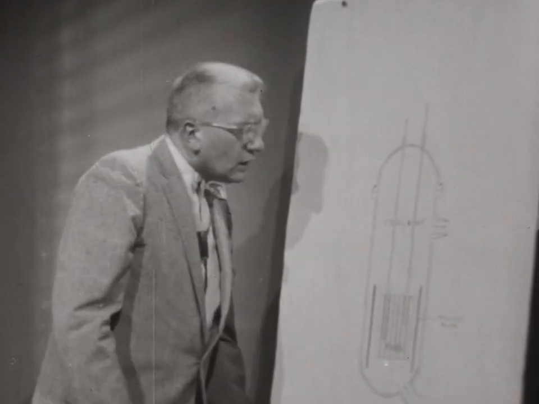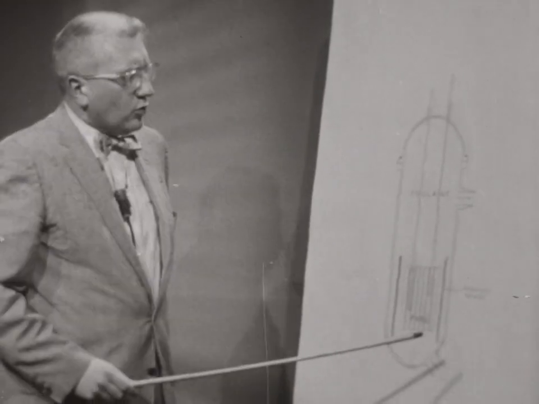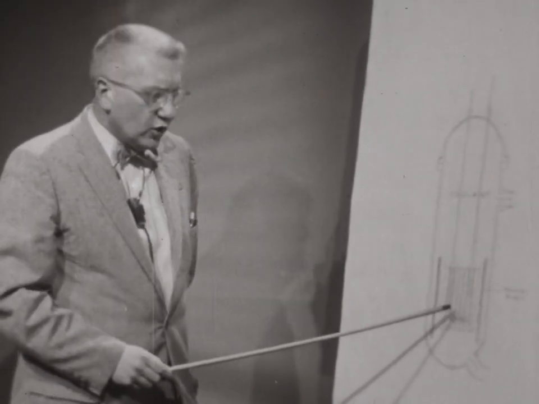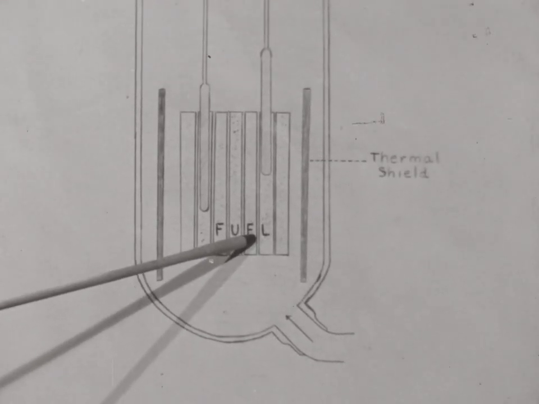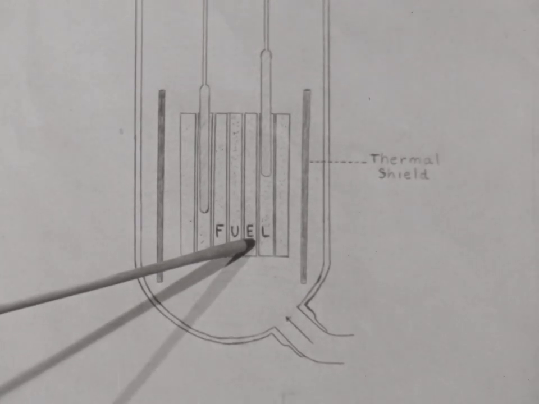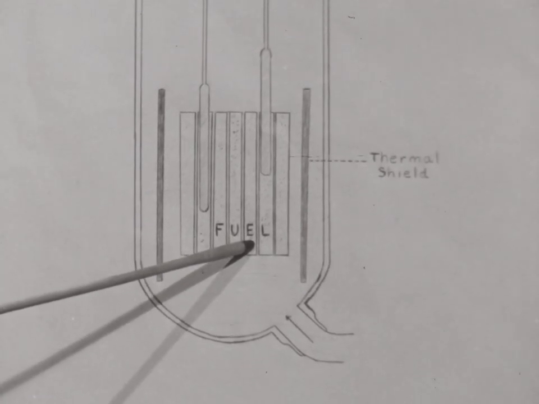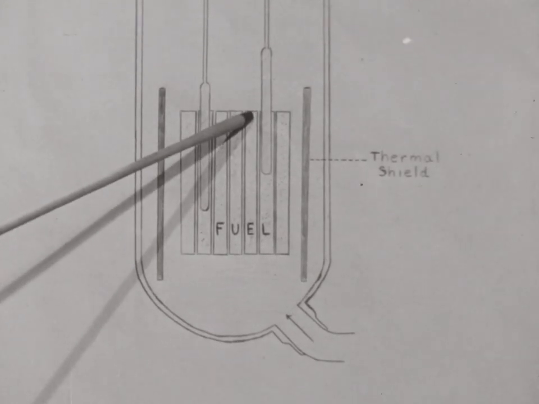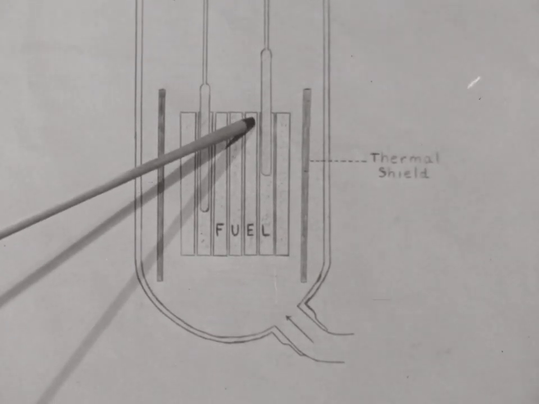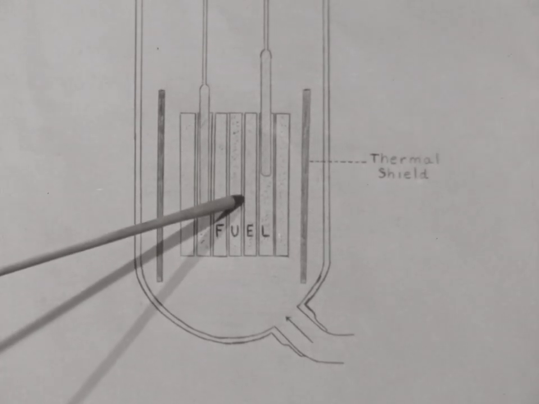We can catalog reactor types in many ways. As an example, we know that there must be fuel in a reactor. And so obviously we can catalog it on the basis of fuel. That is, does it use uranium, thorium, or what have you? We can catalog it on the type of coolant that we put through these coolant channels, rather, I should say, through the fuel.